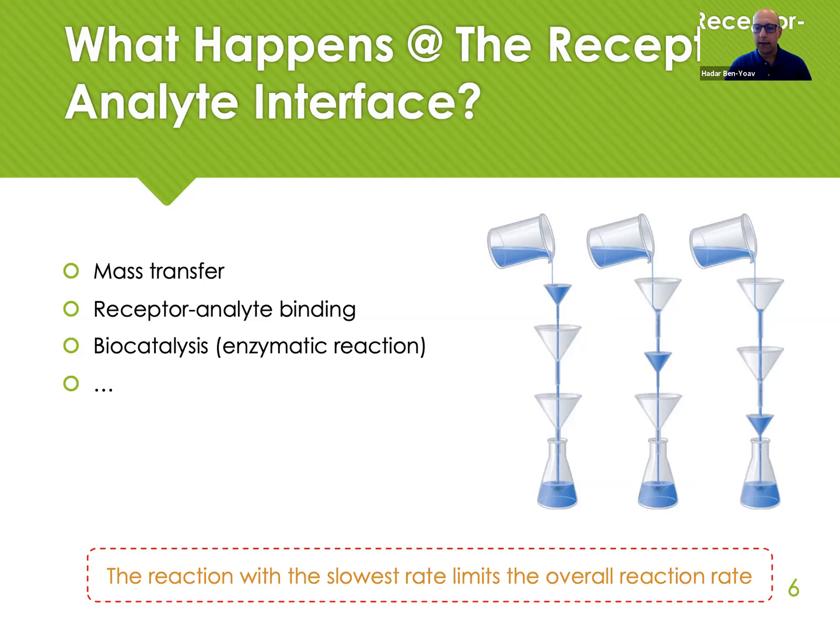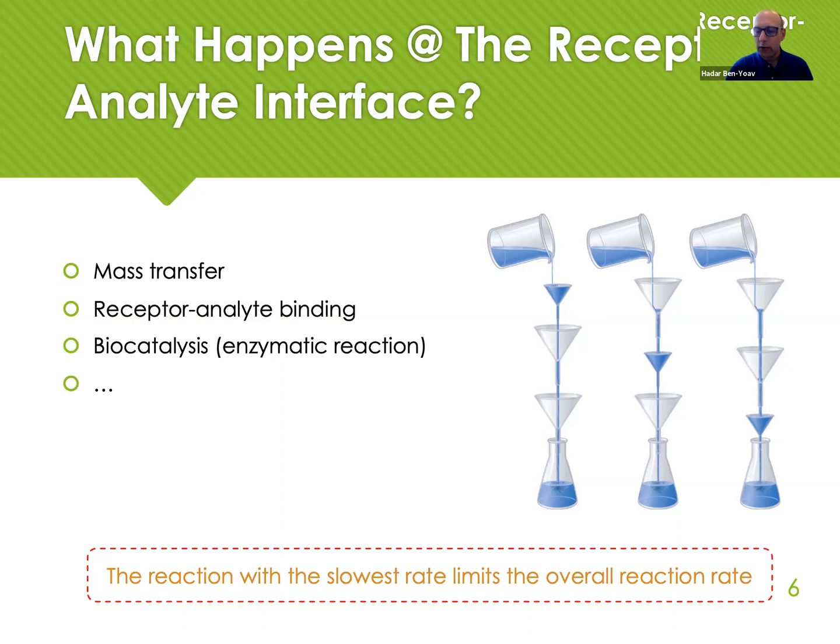So basically, if you compare it to different mechanisms such as mass transfer and receptor-analyte binding, the reaction that has the slowest rate will define the overall detection rate of the sensor.